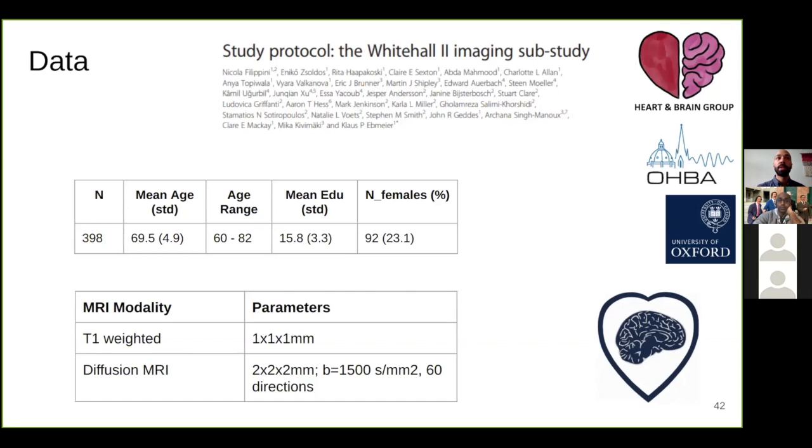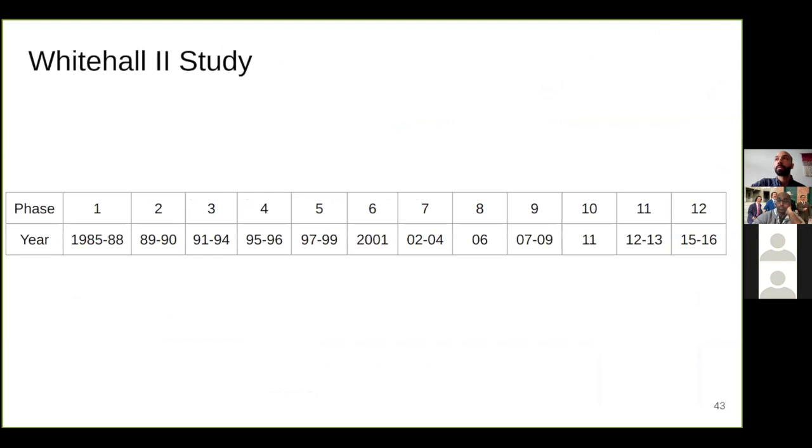And these individuals were followed longitudinally since the 80s, and then in around 2010, a study started where a random selection of them acquired MRI data. So that's the subset we're going to be focusing on now. So we have 398 subjects with demographic info shown here. And we have structural and diffusion weighted imaging, which we'll use to look at microstructural variance.